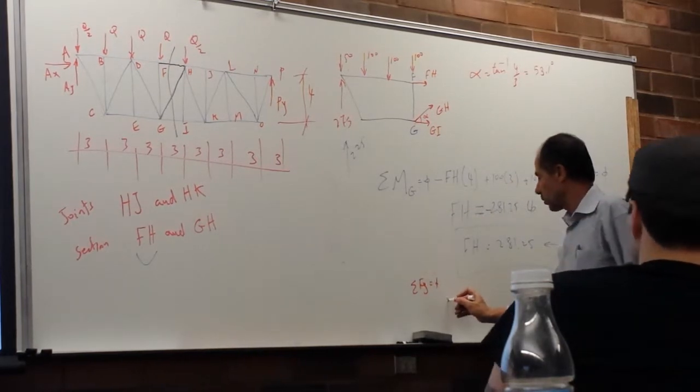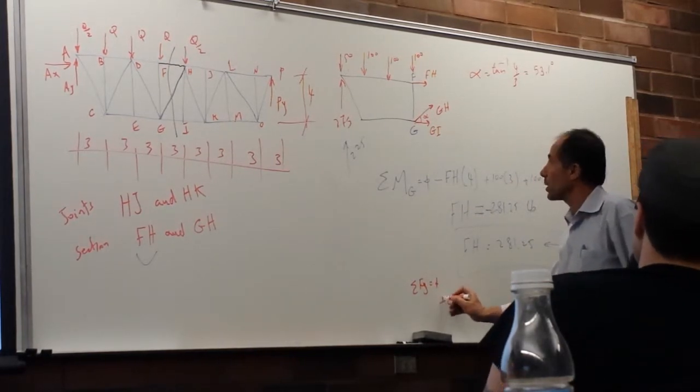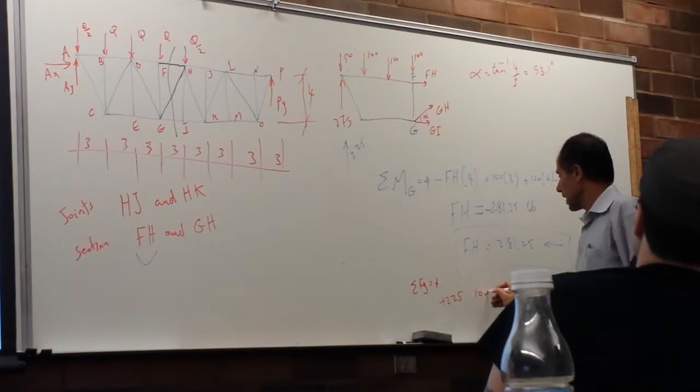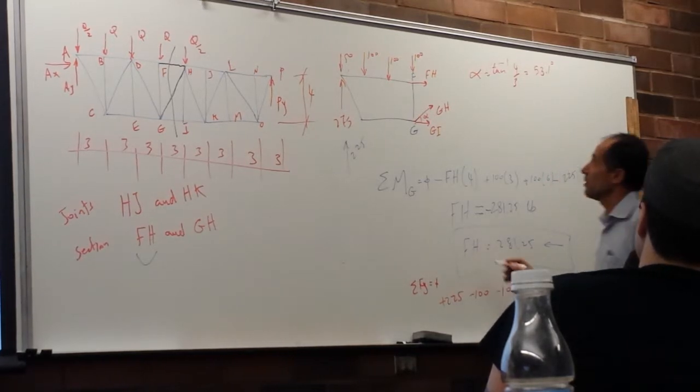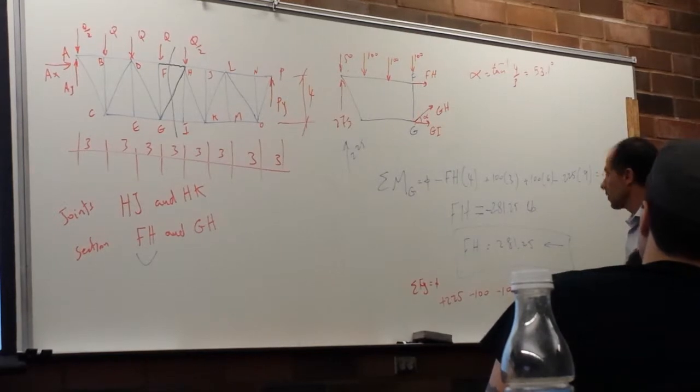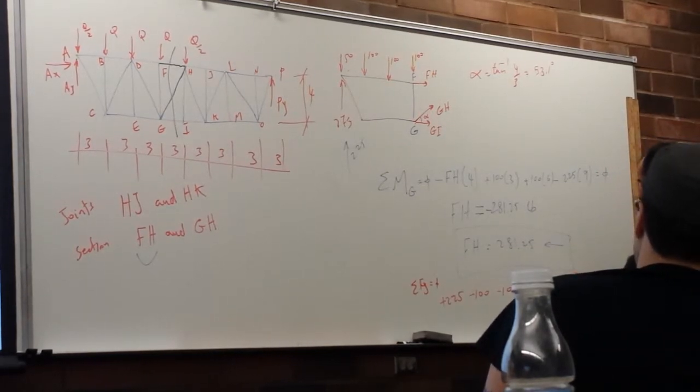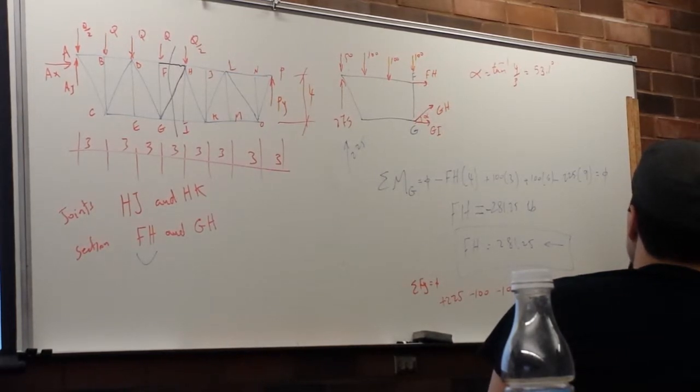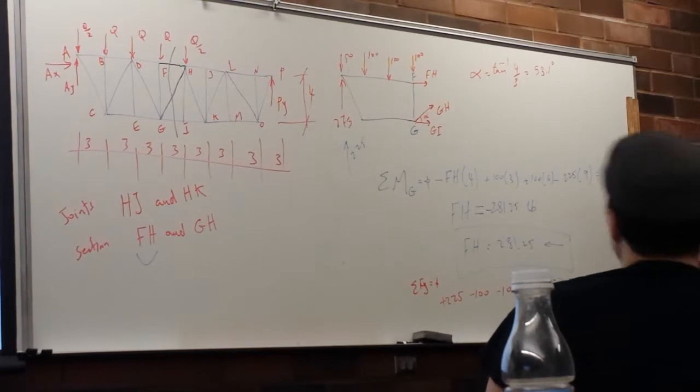From here, I have 225 positive, 100 negative, 100 negative, 100 negative, GH sine alpha is positive, equals 0. What is GH?